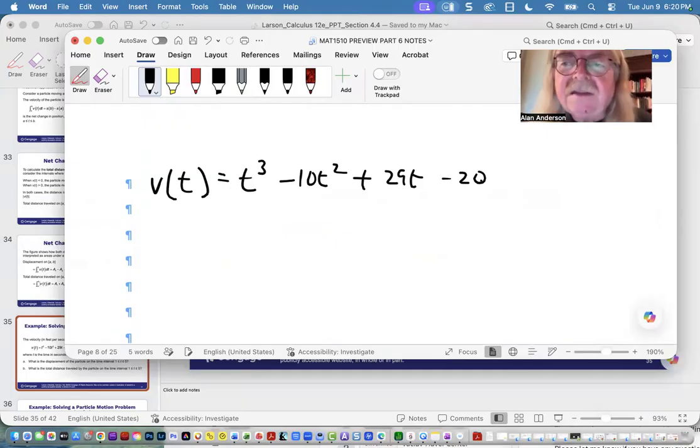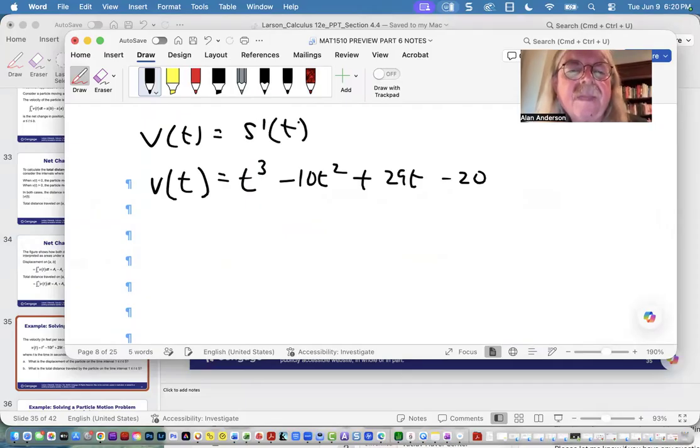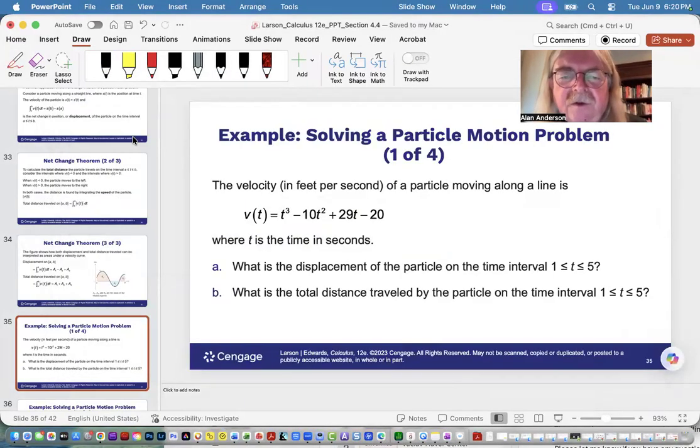Remember, the velocity is simply the derivative of the position or location. Okay, so first, what is the displacement, or how far did it go over the interval 1 to 5? And then what's the total distance over that interval?